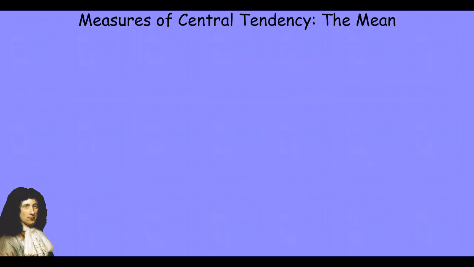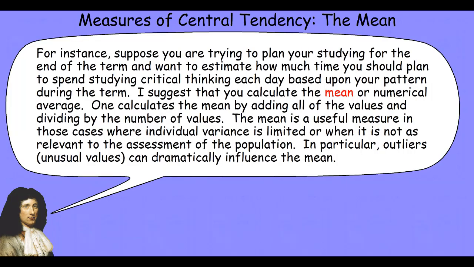So let's start with the mean. Suppose you're trying to plan your studying for the end of the term and you want to estimate how much time you should plan to spend studying critical thinking each day based upon your daily studying pattern during the term. Now, someone like Huygens would suggest that you calculate the mean or the numerical average.